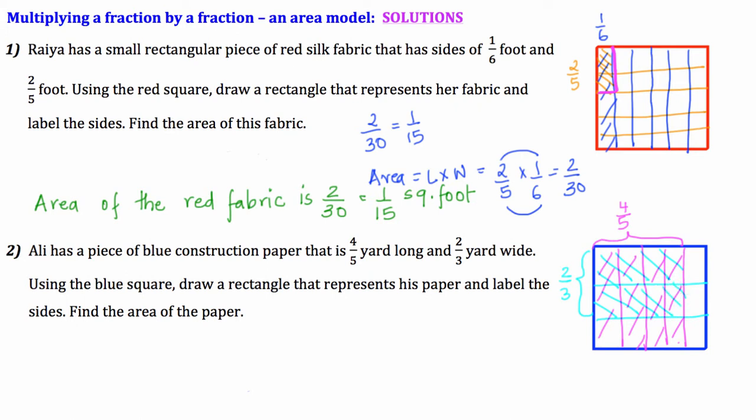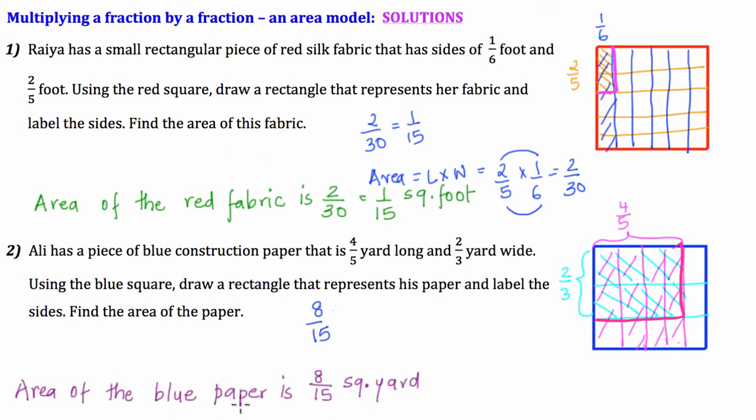So basically his rectangle is this. And what's the area of this rectangle? You'll notice that 8 boxes are shaded in out of a total of 15 boxes. So the area of his rectangle would be 8/15. And the answer sentence for this problem would be the area of the blue paper is 8/15 of a square yard.